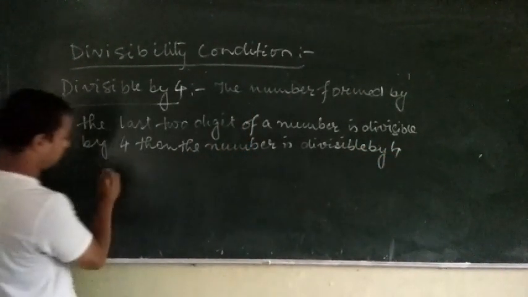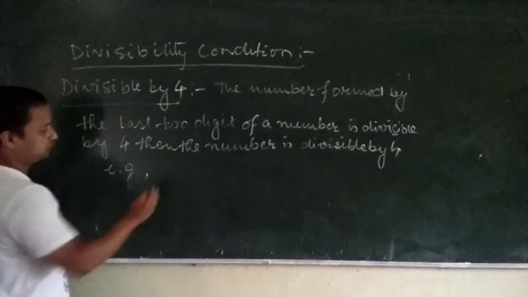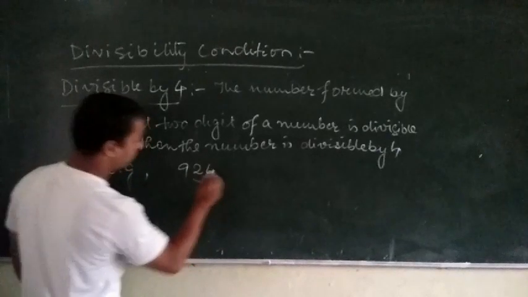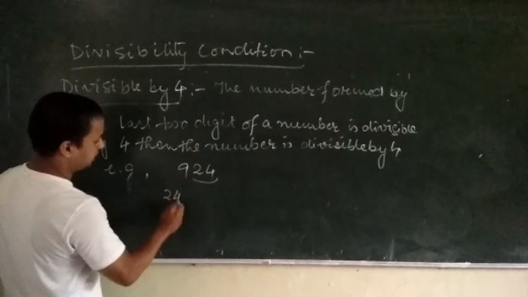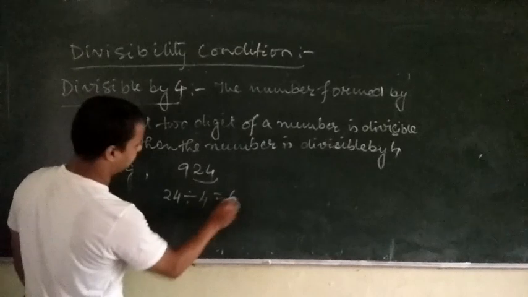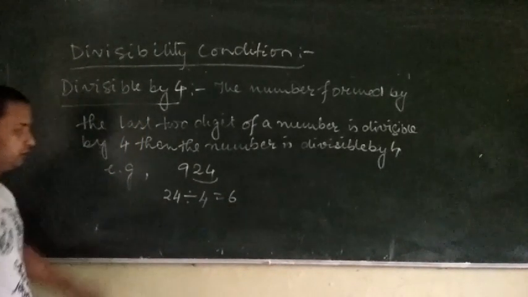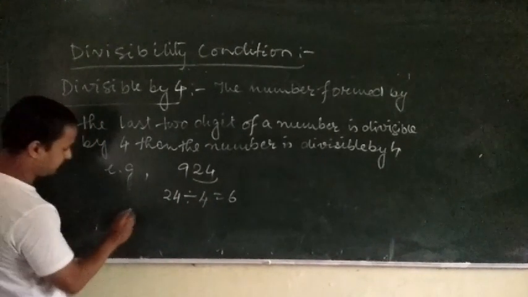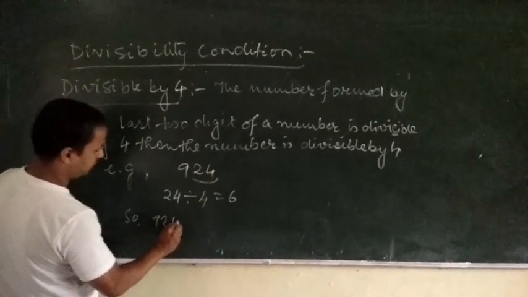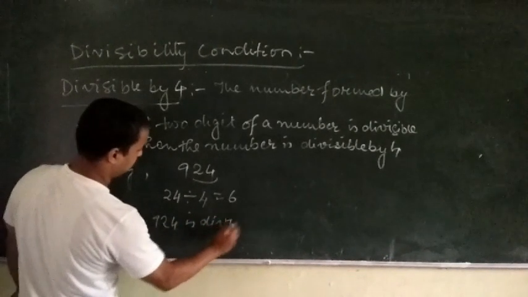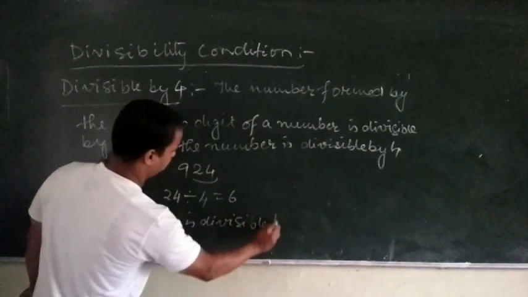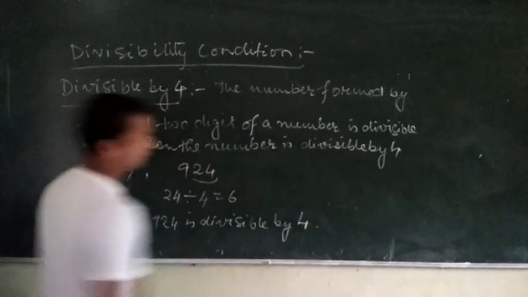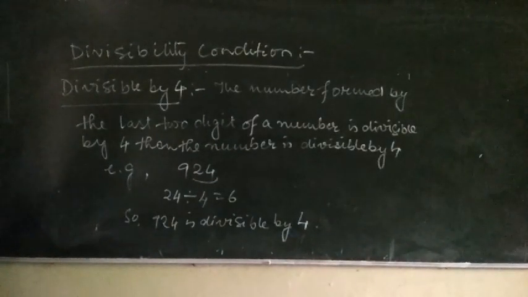For example, 924. 24 is easily divisible by 4, which is 6. By dividing 24 by 4, the last two digits 24 are divisible by 4. So 924 is divisible by 4. Here, understood?